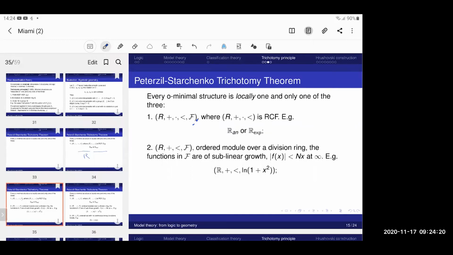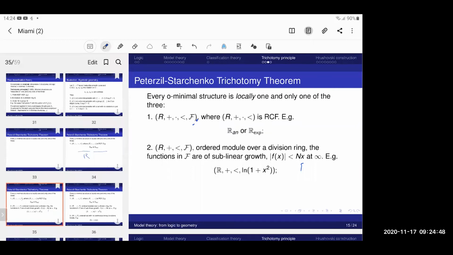That for every function there is an n in the division ring, which gives you such a bound. And the example again you see in the slide.